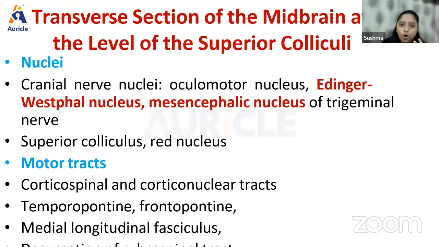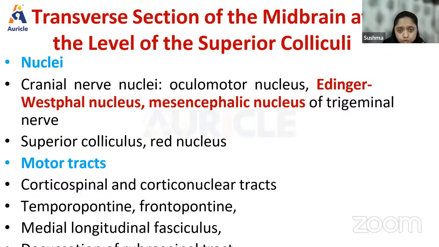Correct? Now, obviously, if oculomotor nerve is coming from here, I should have oculomotor nucleus as well. Agree? So, cranial nerve nuclei, obviously, I'm going to be having oculomotor nucleus and Edinger-Westphal nucleus. So, what is Edinger-Westphal nucleus?